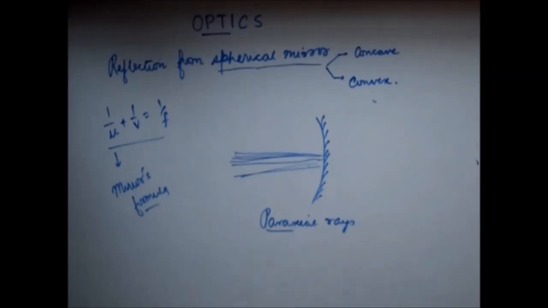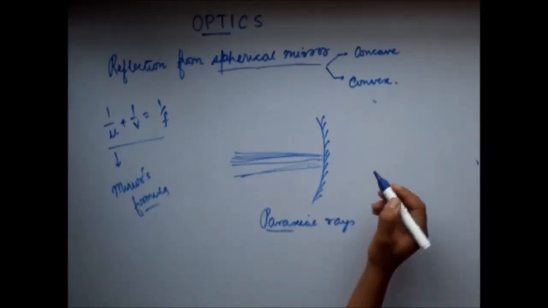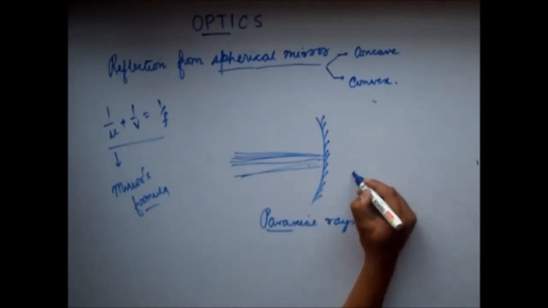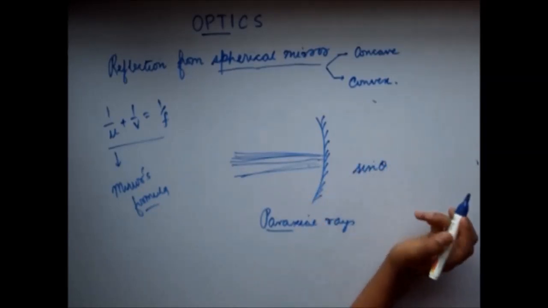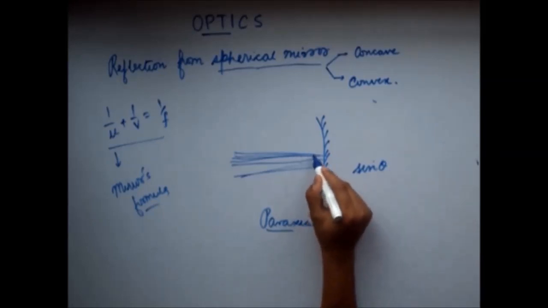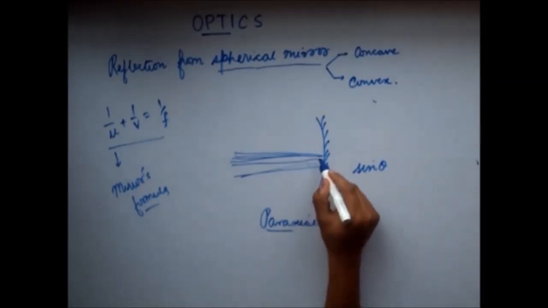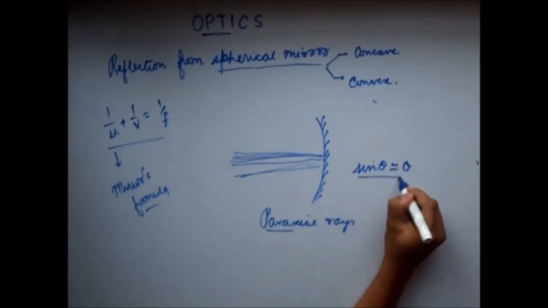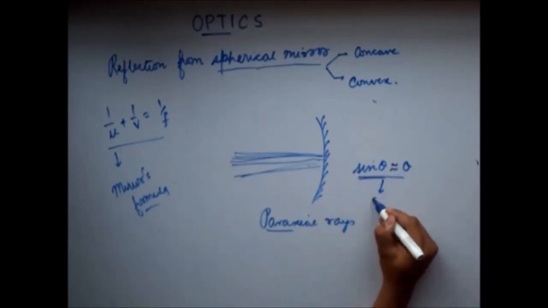Why do I say parallel to the axis? Because in the derivation of the mirror formula, we have assumed a very important thing, that sine theta, where theta is the angle at which the rays strike the mirror, is approximately equal to theta, and this assumption is valid only when theta is very small.